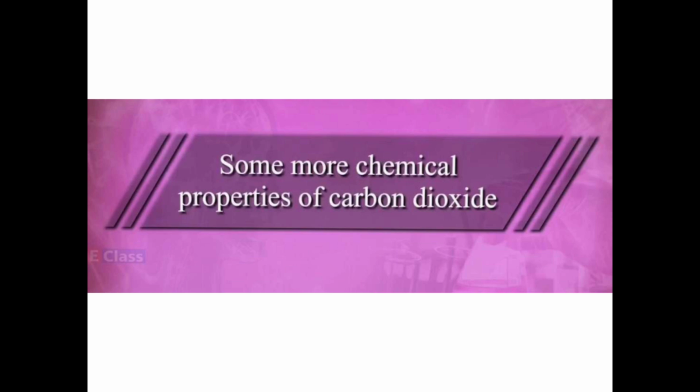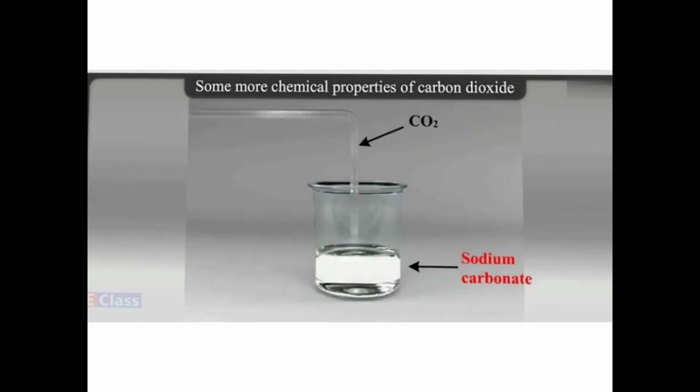Okay. So we have now some more chemical properties of carbon dioxide. First one, sodium carbonate is formed when carbon dioxide is passed through an aqueous solution of sodium hydroxide. Now what do we mean by sodium carbonate?